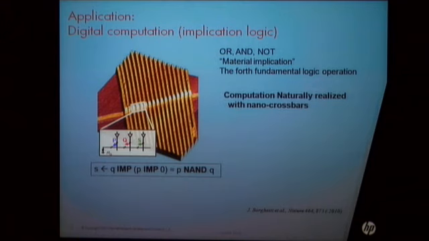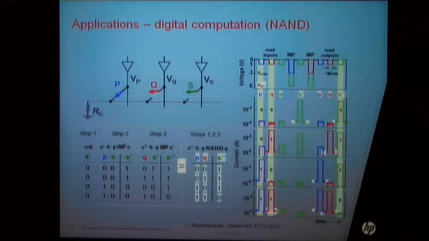We demonstrated that using three memristive devices in a row, we can realize the NAND operation. These are the electrical measurement results showing the truth table of NAND from three memristive devices in a row. And we know NAND is a universal logic, based on which we can build any other logical operation.